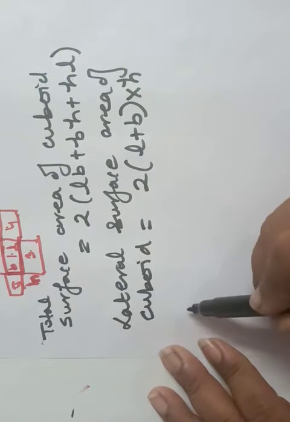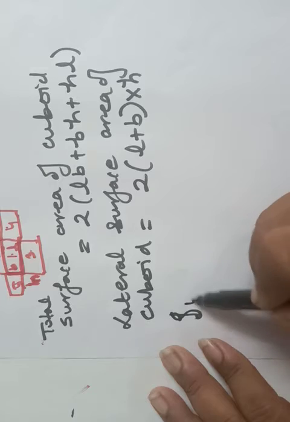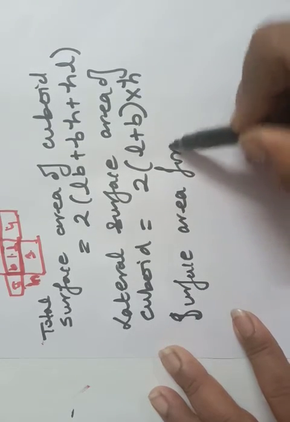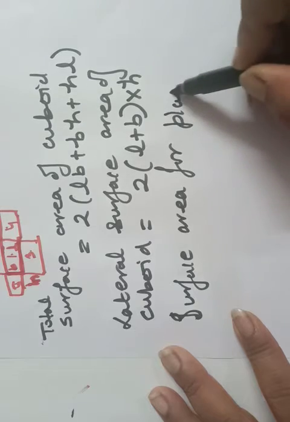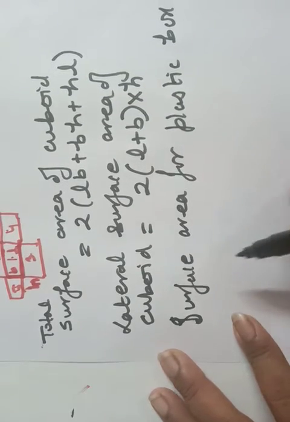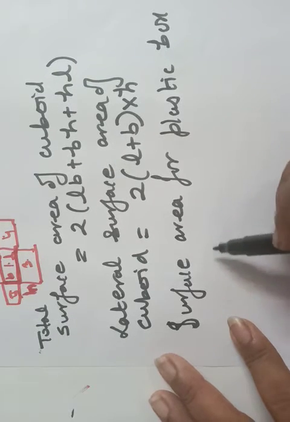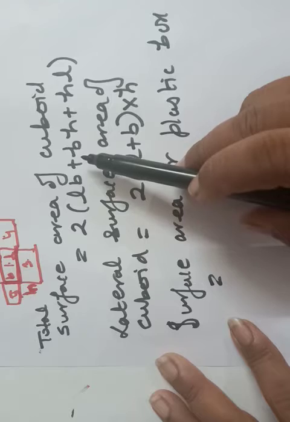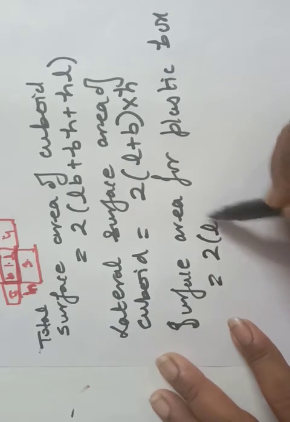So for the surface area of the plastic box that we need to find out, how many surfaces are there? 5, and we are going to use the total surface area formula. So how can we find it?